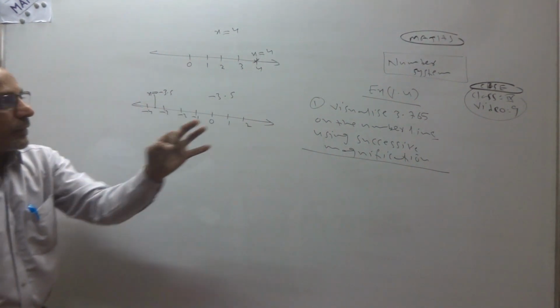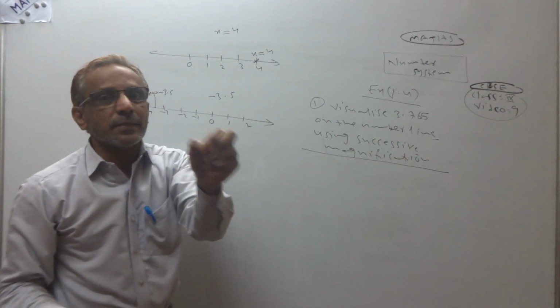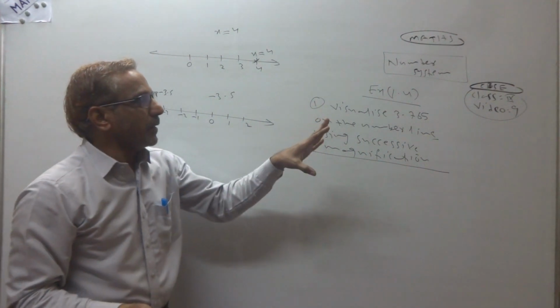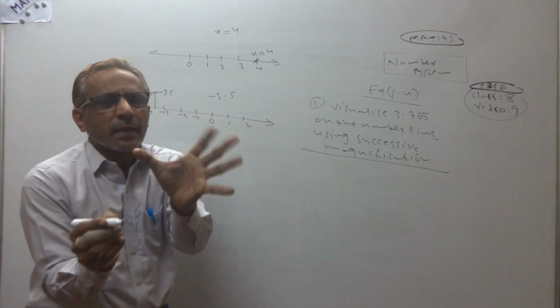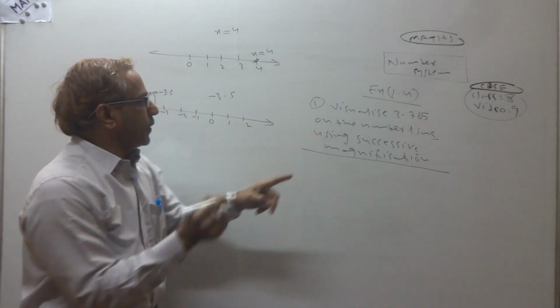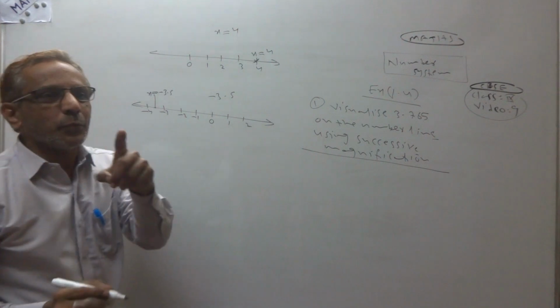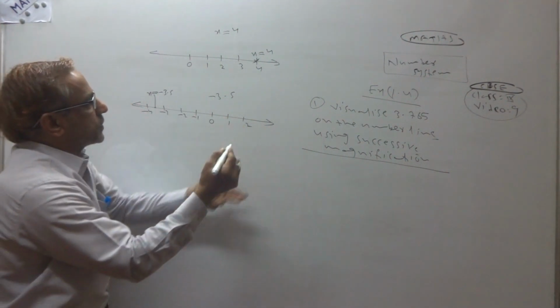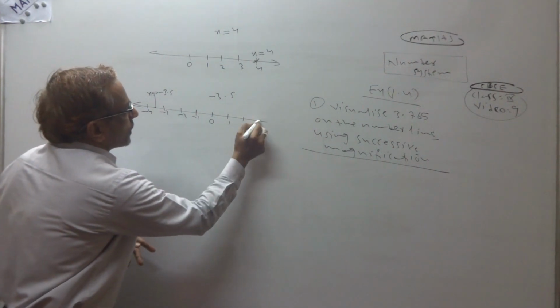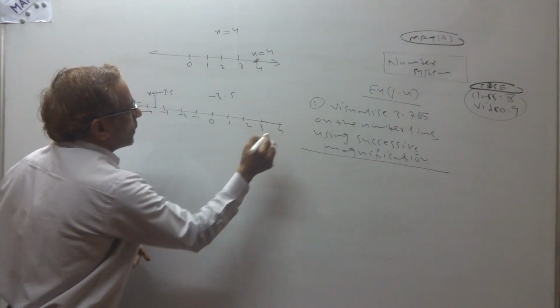But see, this is 3.765. After the decimal, 3 places are there, so we can't represent it exactly if we do it directly.